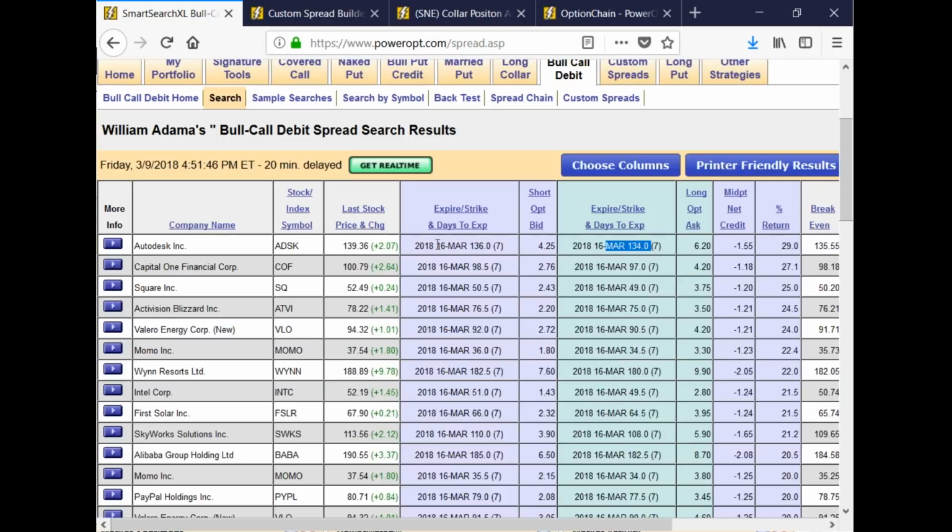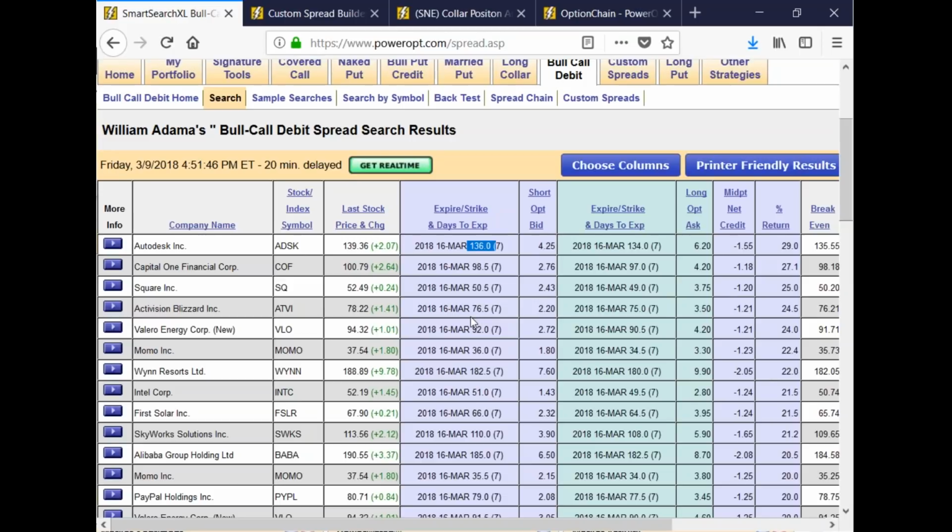Meaning, what would I be looking for? I'd be looking for this same structure, but maybe slightly out of the money, right? So to do the ratio spread we were looking at with the stock at 139, I might want to sell a 140 and buy two 136s or two 138s.